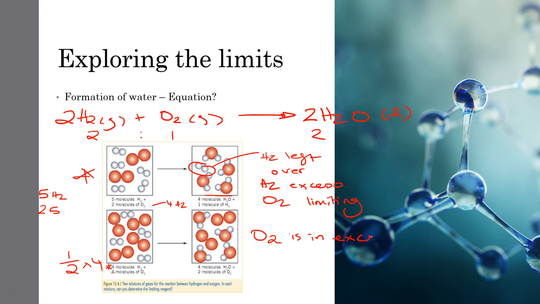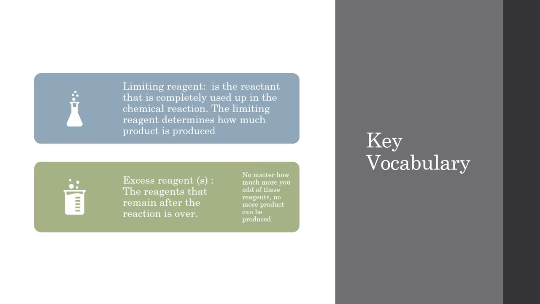Generally, in all reactions, one reactant will be in excess and one will be limiting. So the key vocabulary we need to know for this is that the limiting reagent is the reactant that is completely used up in the chemical reaction. The limiting reagent will determine how much product is produced because it is the one that will run out first.